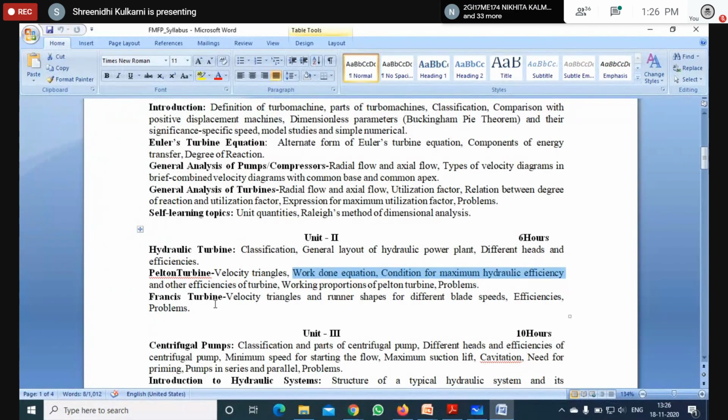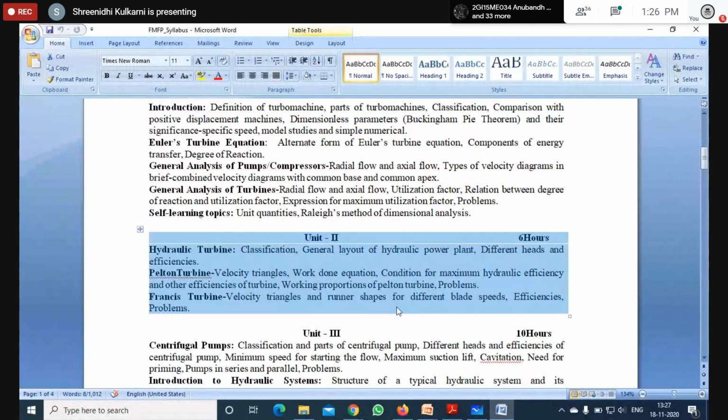You should know the velocity triangle for the Francis turbine and the problems on it. For the Pelton wheel, the derivation, how to draw the velocity triangle, and problems. I'm going to start in the next class, unit 2.